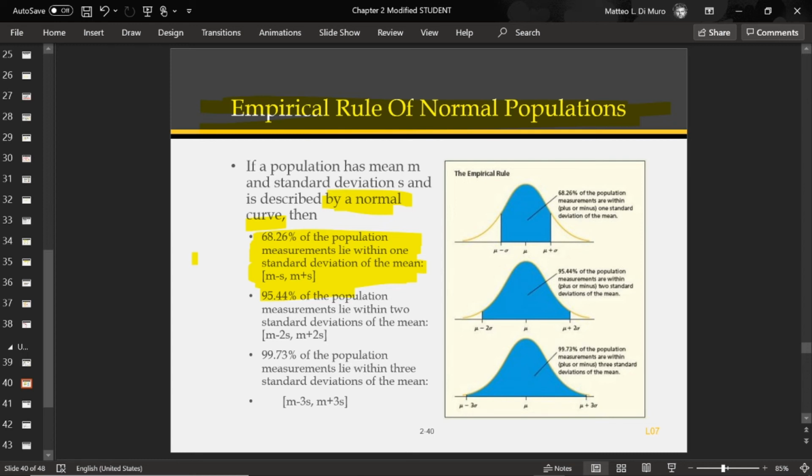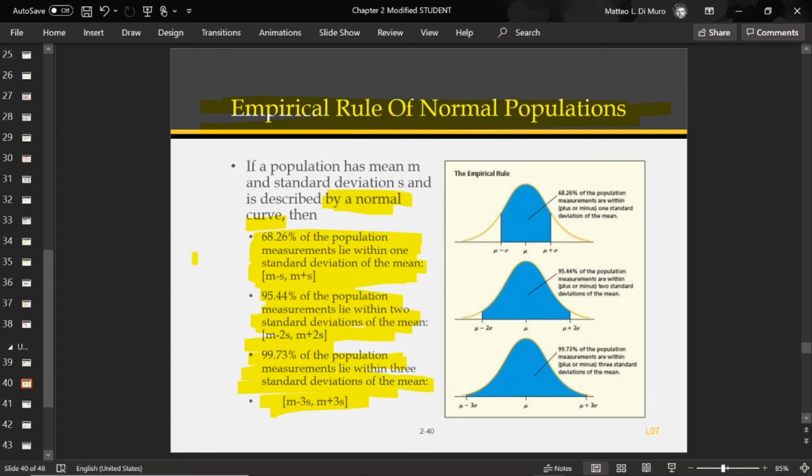If you go 2 standard deviations out from the mean, so if you add 2 standard deviations to the mean and you subtract 2 standard deviations from the mean, and you now have a range, if it's a normal population, or a bell curve, you have 95% of the data captured there. If you go 3 standard deviations out, then you capture 99%. Okay?